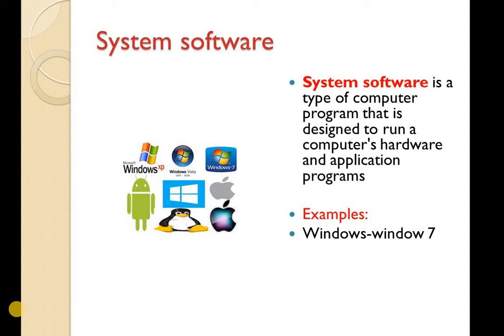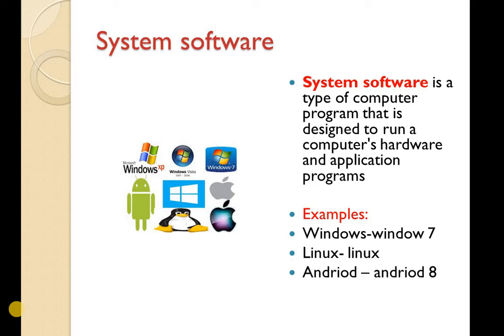We have Windows 7, which is one of the most used Windows versions. We have Windows 10, which is the latest version. We have Windows 8, Windows XP, Windows Vista. All these are examples of Windows. We also have Linux. Linux is also a system software that runs our computer hardware. And the last but not the least is Android.